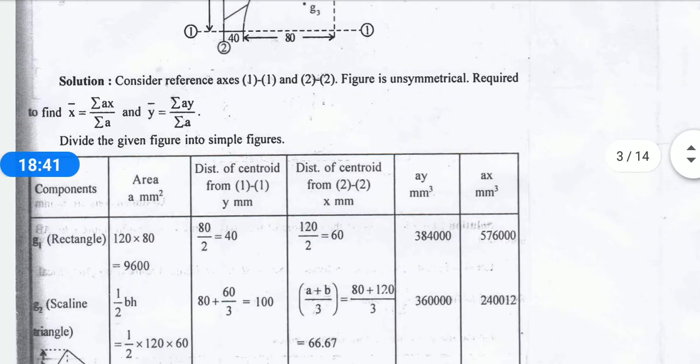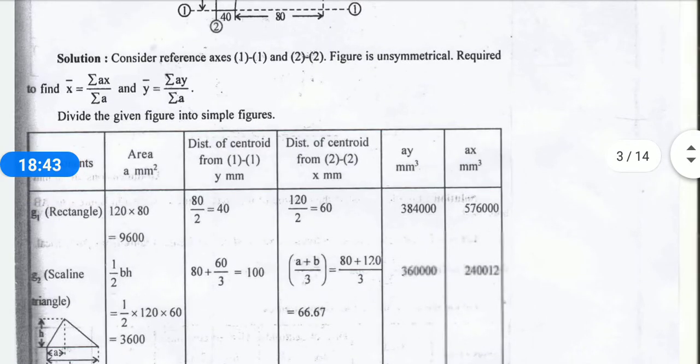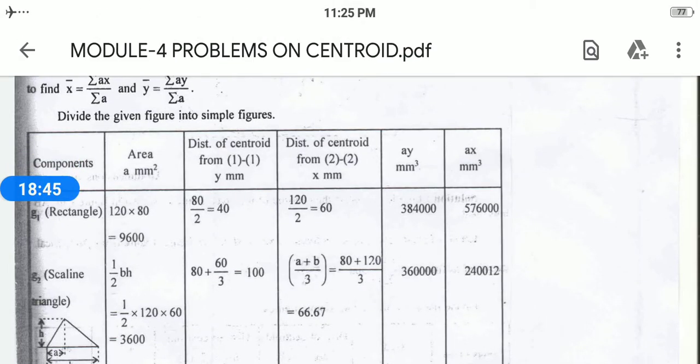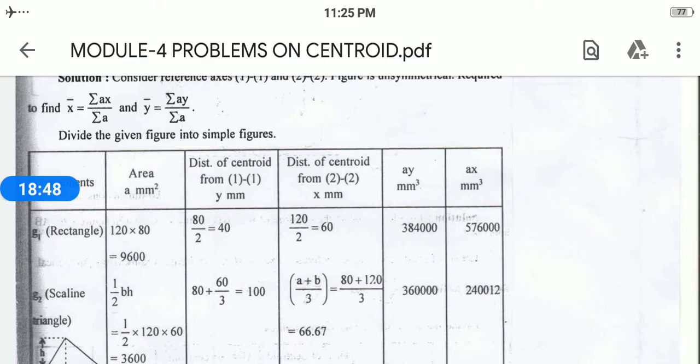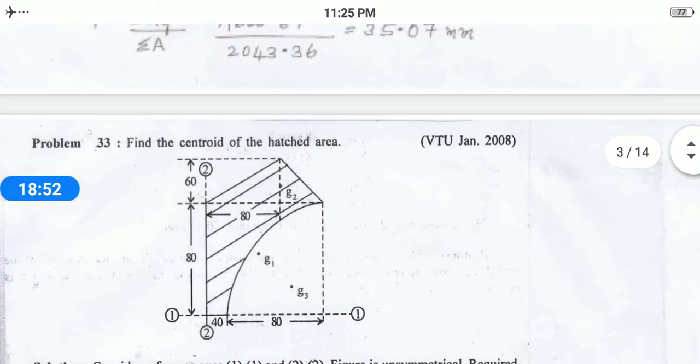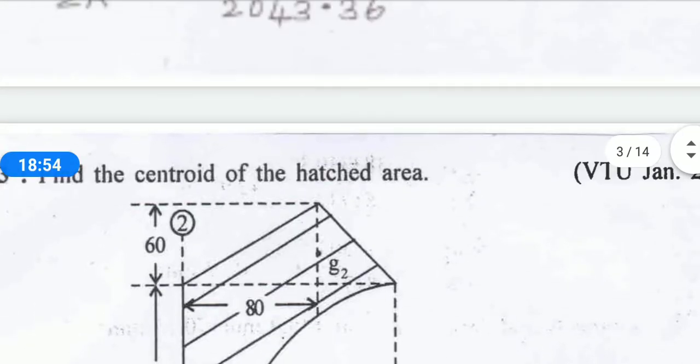That is what they have mentioned here. See, for the rectangle, 80 divided by 2 will give you y, and your x will be taken from 120 divided by 2.